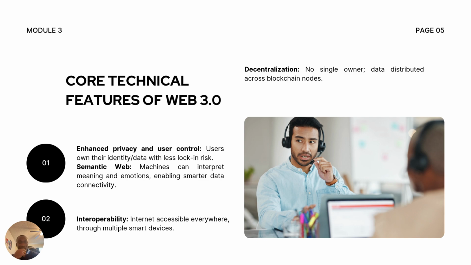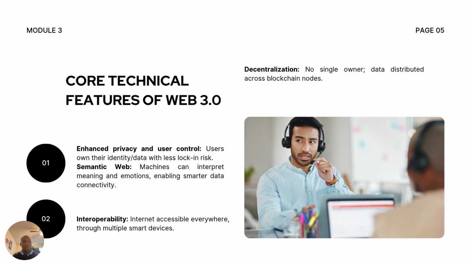We also see a lot of interoperability in terms of internet access everywhere and through multiple smart devices, easily accessible on the mobile phone, on the computer, on laptops, iPads, and so on.